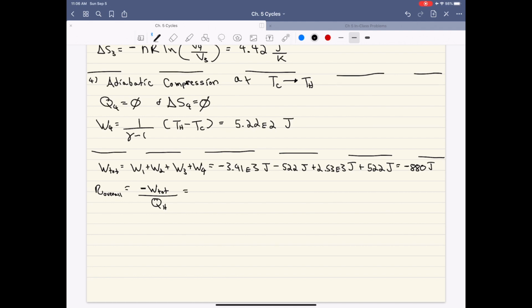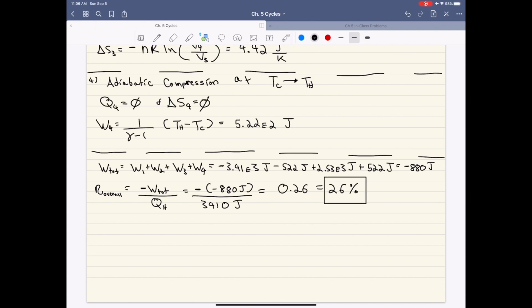So we get negative 880 joules, the negatives cancel to give a positive, divided by 3410 joules. And what we get here is 0.26, which is equal to 26%. So for the efficiency of this entire process, we're only getting 26% efficiency. And so that's how we could calculate the overall work from the system.